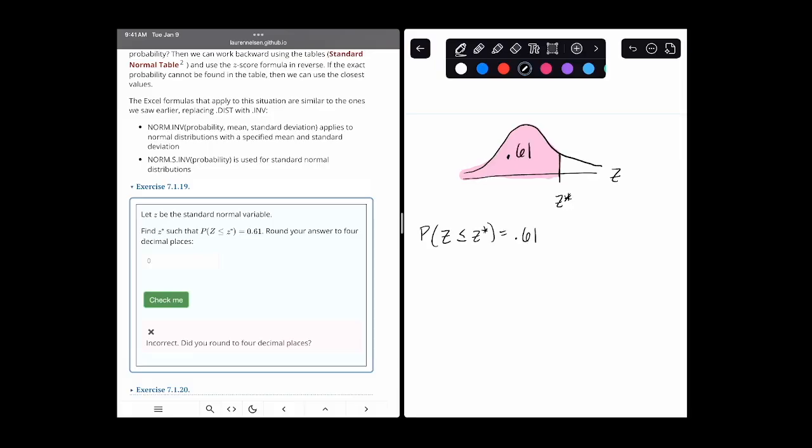So this area to the left is 0.61, and I want to know what z star has that area to the left. So in Excel, I would do norm.s, since I have a standard normal, and then .inv, and I would plug in 0.61, that area to the left. So let's see what this is in Excel.